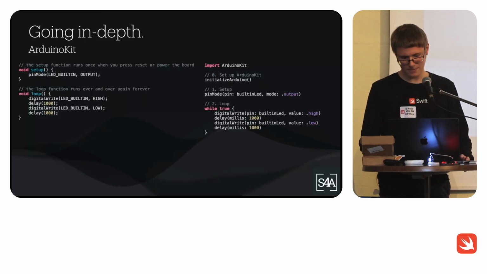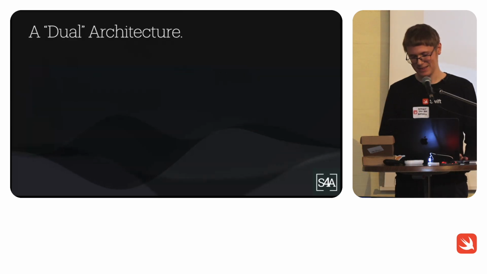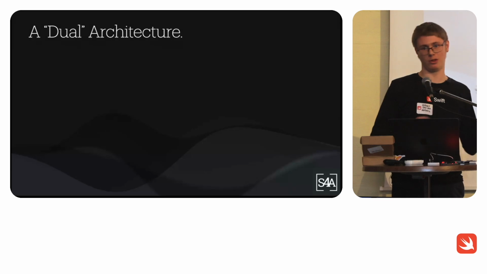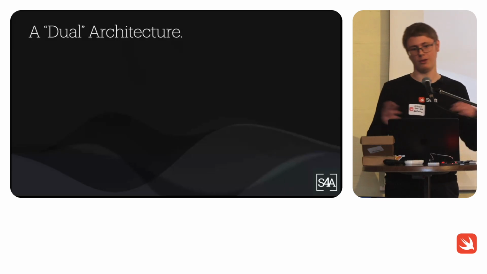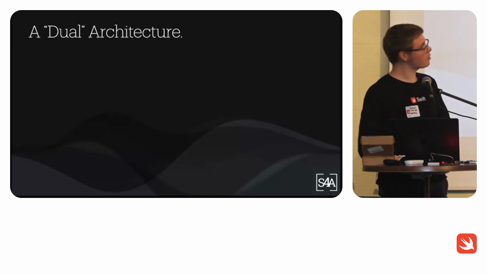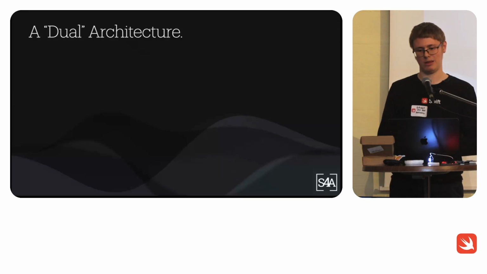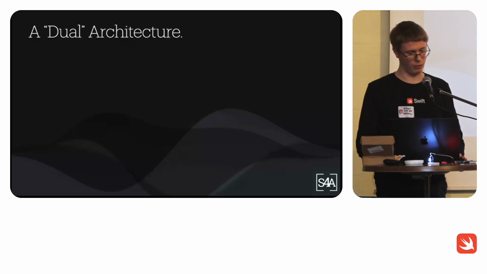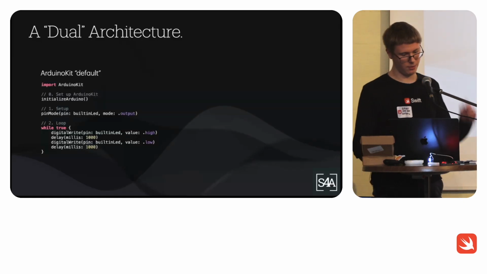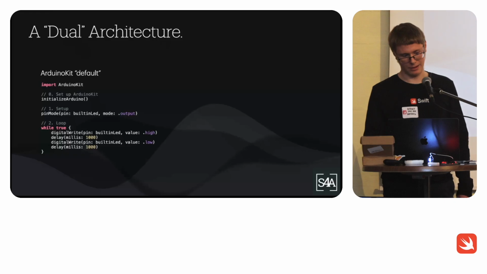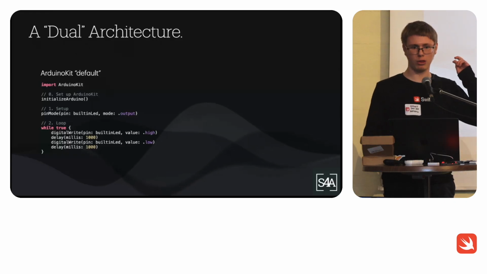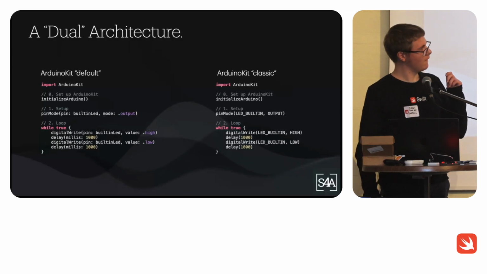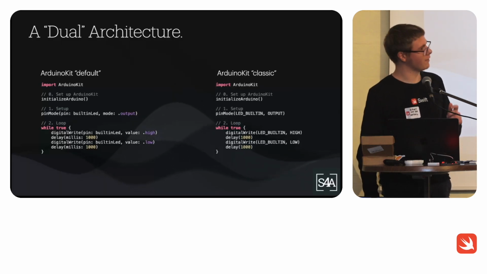don't. Now, about the dual architecture, this is something I'm really excited about, because we're also thinking not about those who just want to use Swift or want to use microcontrollers. We're also thinking about people that are coming from Arduino but are interested in learning Swift. So we once more have our default Blinky program in ArduinoKit, or what I call Arduino default, but we also have Arduino Classic, which looks familiar.